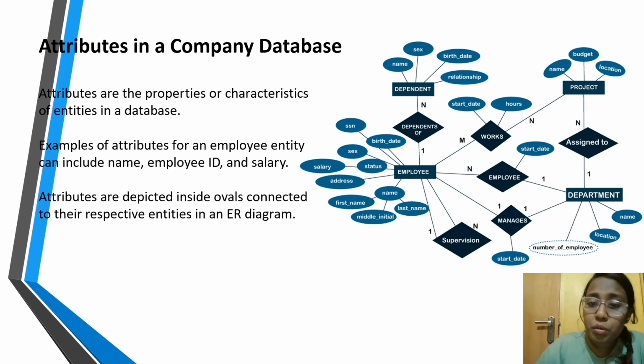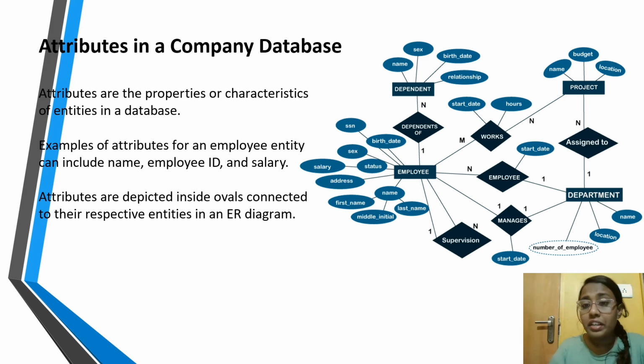So as you know, the rectangle represents the entities, the diamond shape represents the relationships, whereas the oval shape represents the attributes. Here a few attributes are status, birth date, SSN, salary, address, first name, middle initial, last name, start date, location, name.